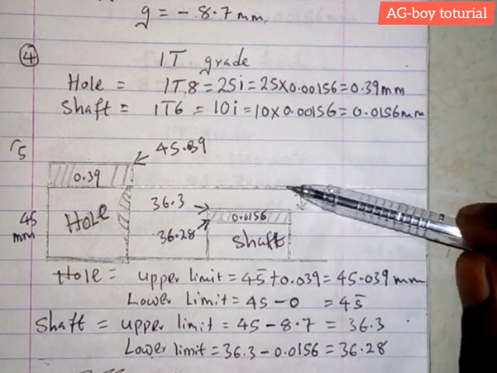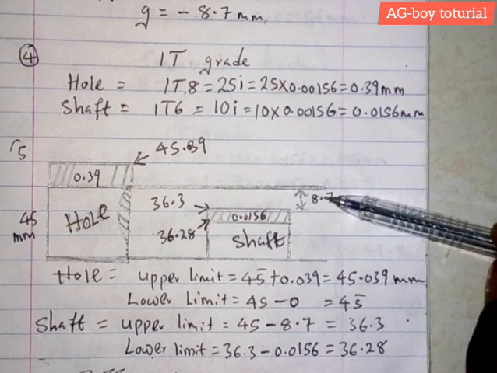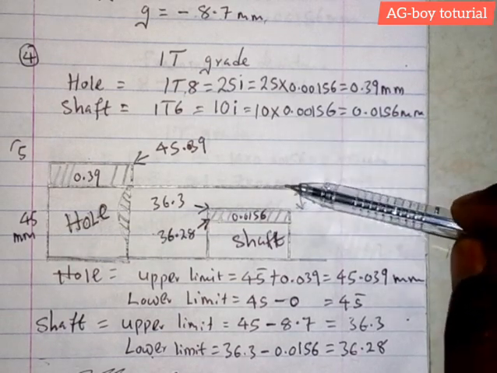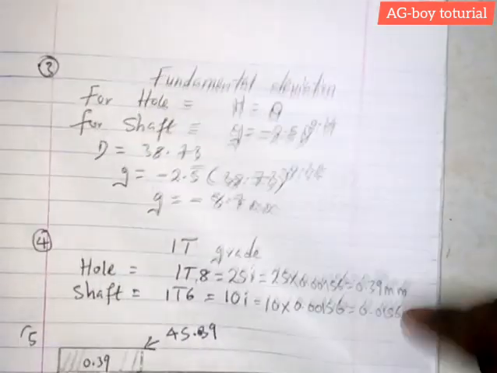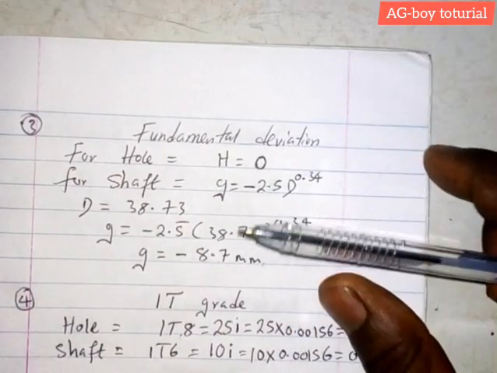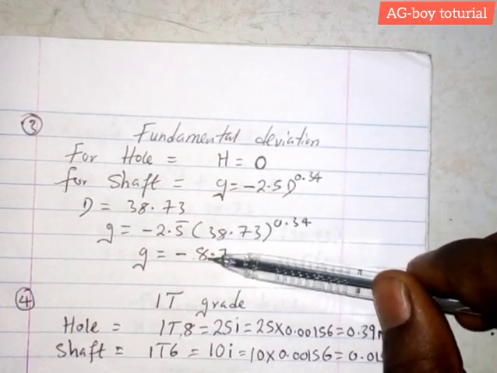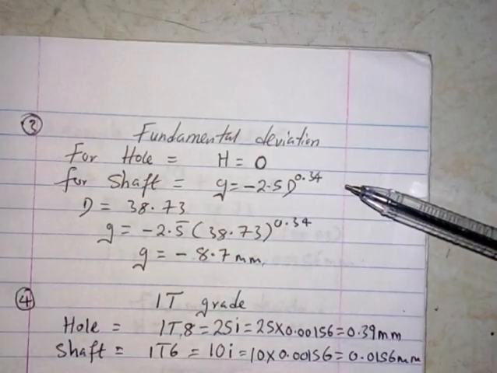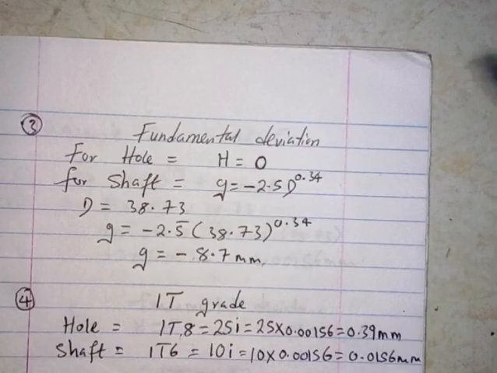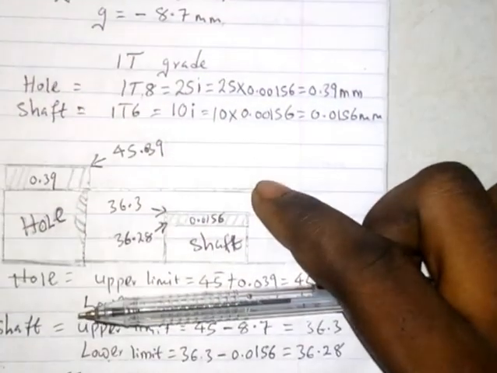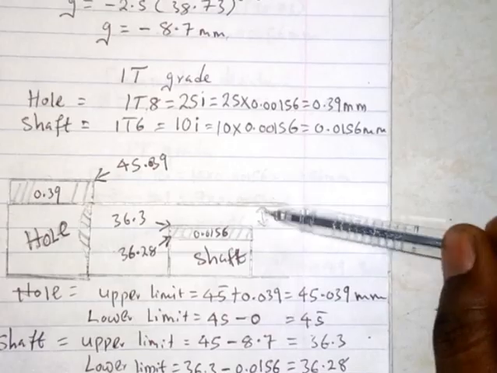That is our fundamental deviation below the basic size. Now, if you watch, there is 8.7, minus 8.7 because it's coming down. That is our G. Our G is equal to minus 8.7. So if you watch the chart, our G is below the basic line.